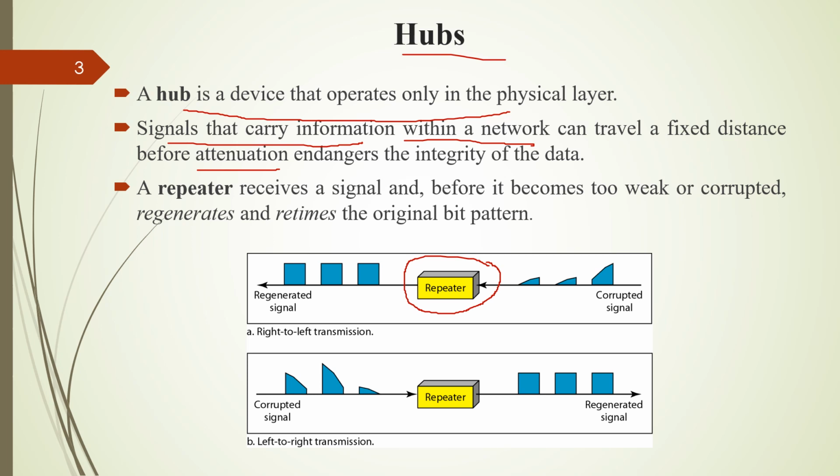The repeater receives the signal before it becomes too weak or corrupted, and then it regenerates the original bit pattern. This original signal is then transmitted in the transmission medium.